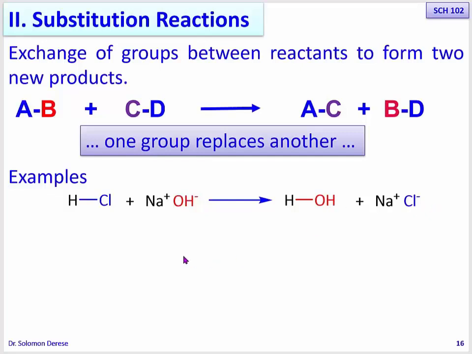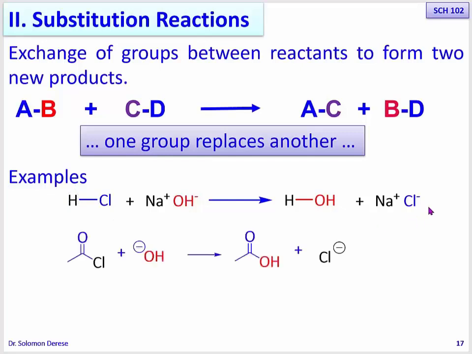As you can see, when HCl reacts with sodium hydroxide, the OH of sodium hydroxide replaces the chlorine of HCl to give HOH, which is basically water, and the sodium of sodium hydroxide replaces the hydrogen of HCl to give sodium chloride. A substitution reaction.